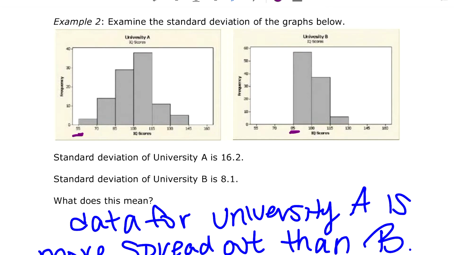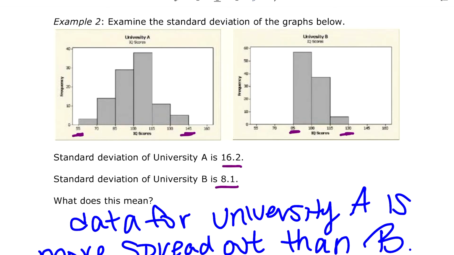And then on the high end, University A goes all the way up to 145, whereas University B stops at 120. So the range for these scores is a lot different.